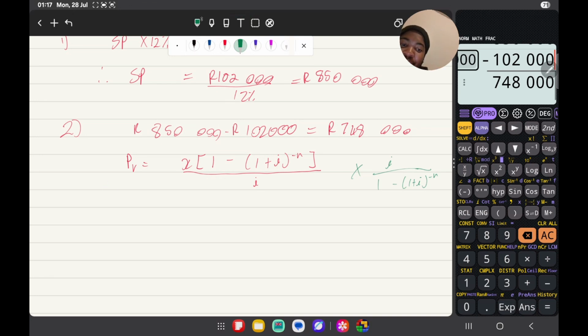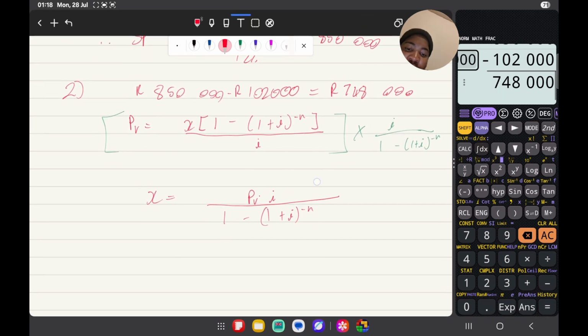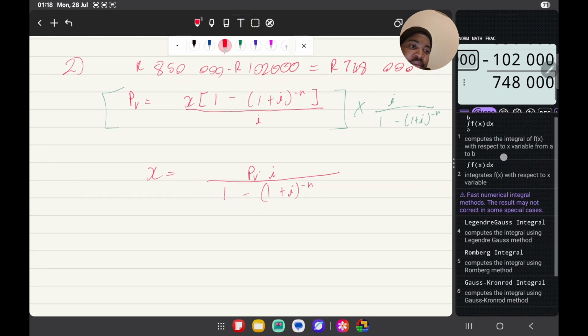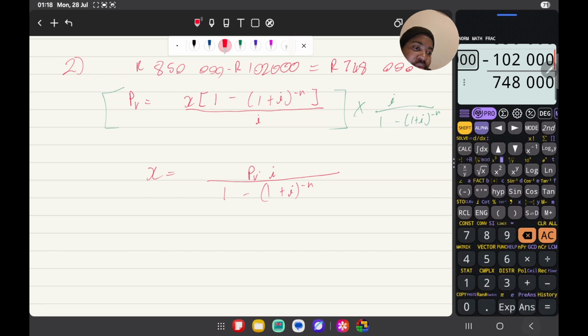That means x is going to equal PV times i over 1 minus (1 plus i) to the power of minus n. Right, let me see. Cool stuff. So let's substitute.